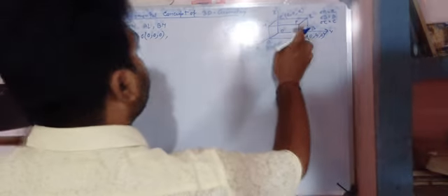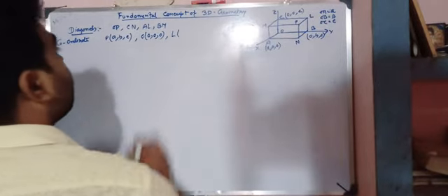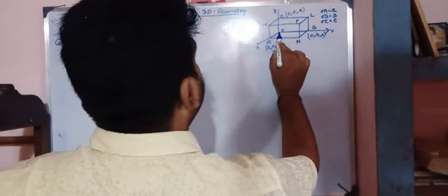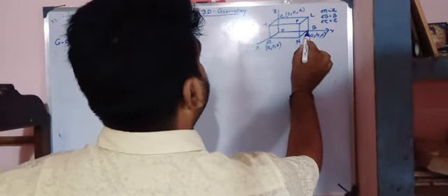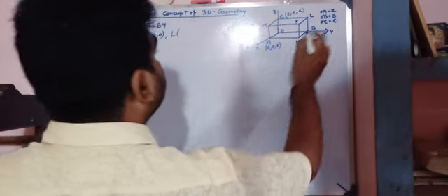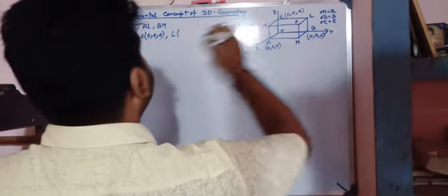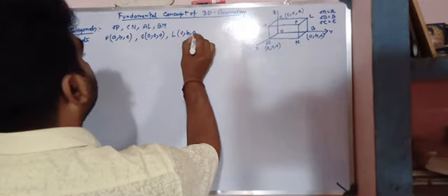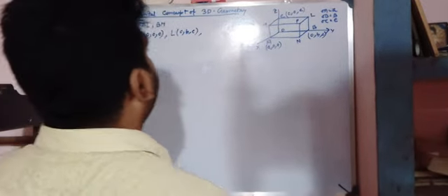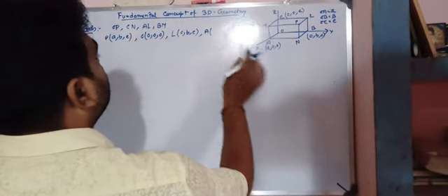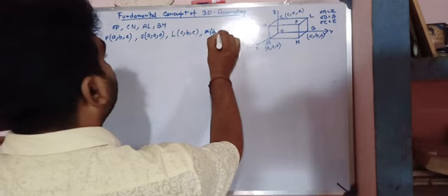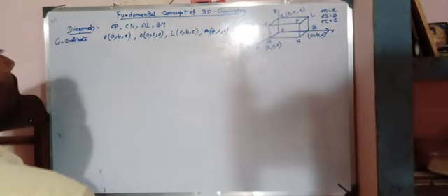What will be the coordinate of L? The coordinate of L should be (0, b, c). Coordinate of A is (a, 0, 0), that is written here. Okay.